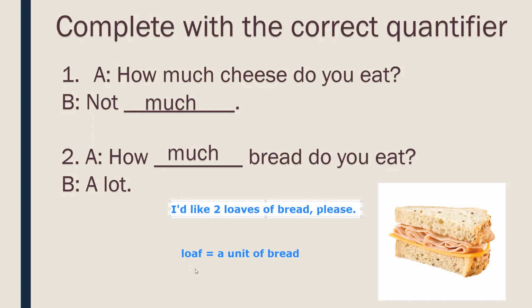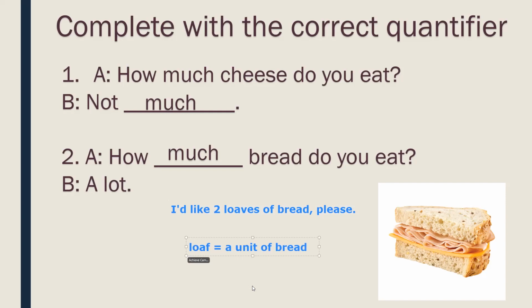Or sometimes you can buy the baguette, because in English, we also use the word baguette. Baguette is countable. So I can say, I'd like 2 baguettes, please. A lot of words in French were imported to English.